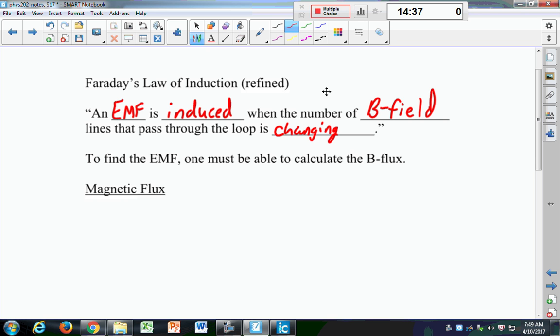This is almost exactly what we said before, but before I didn't say EMF, I said an electric field was induced, which causes a current. It's the same idea: an EMF causes a current, an electric field causes a current.